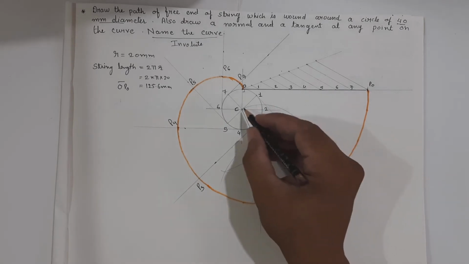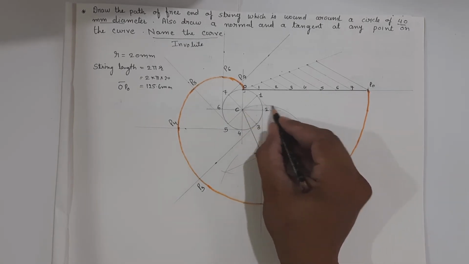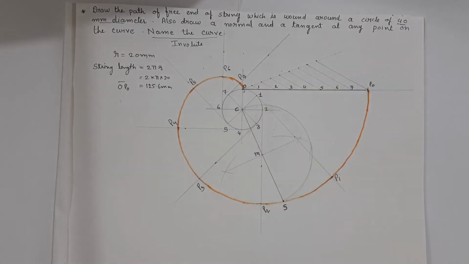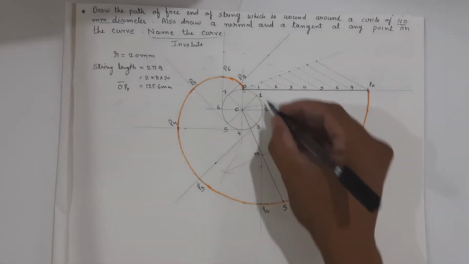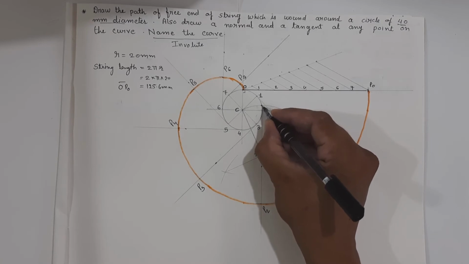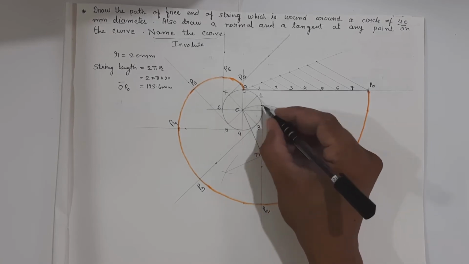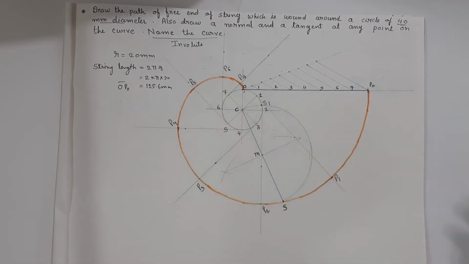And mark the point of intersection of this semicircle and the circle. So mark this point of intersection of the semicircle and the circle as S1.